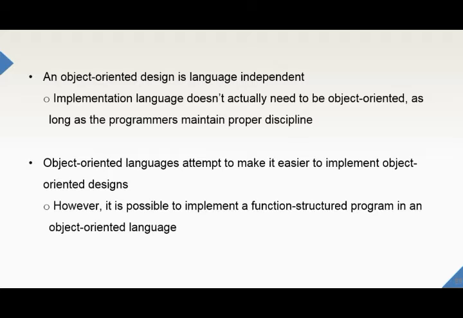However, it is possible to implement a function-structured program in an object-oriented language. To make it short, object-oriented system design helps in designing the system architecture or layout, while the designed system is later created or programmed using object-oriented techniques and/or an object-oriented programming language.